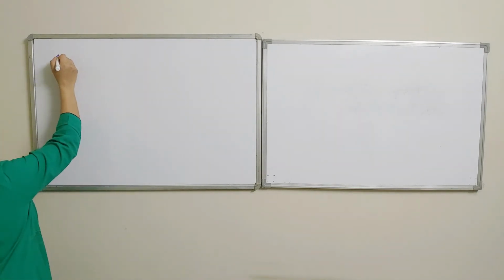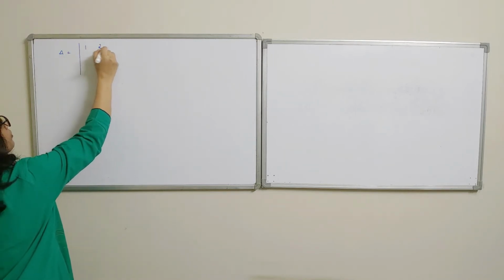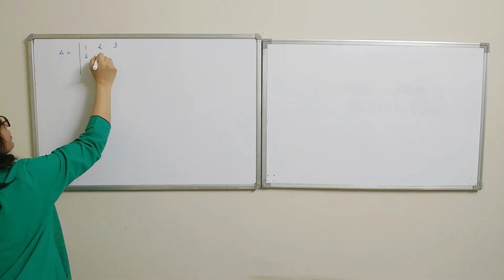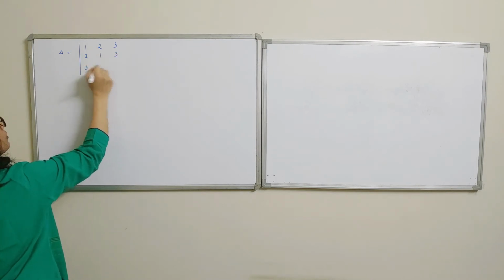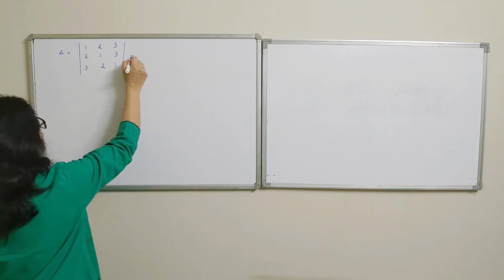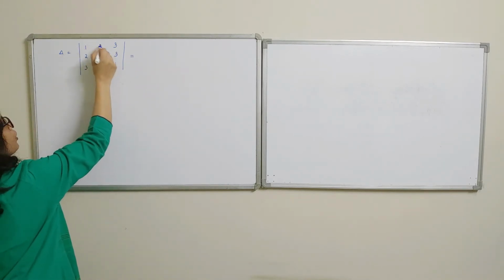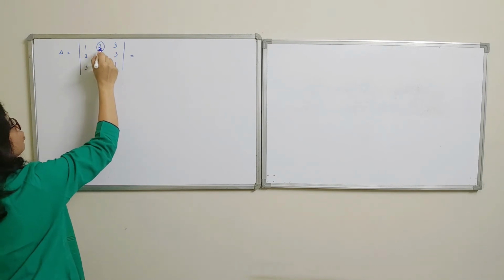Let's take a determinant with these elements and evaluate it. Suppose we are evaluating it along the first row. So in the first row, we know this element will change its sign.